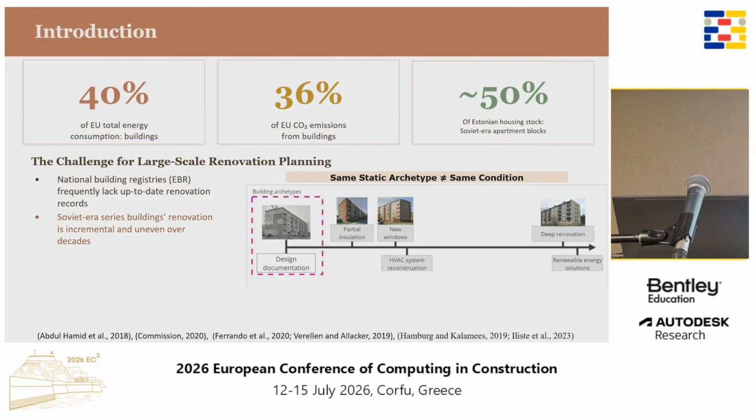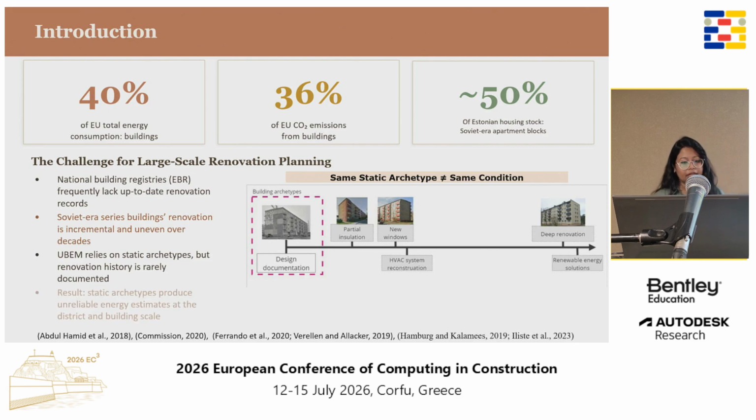For example, some have partial insulation, some have new windows, some have HVAC reconstruction, as well as deep renovation. This causes the biggest problem in UBEM calculation, because UBEM relies heavily on static archetypes, but the renovation history causes a miscalculation in energy estimation.